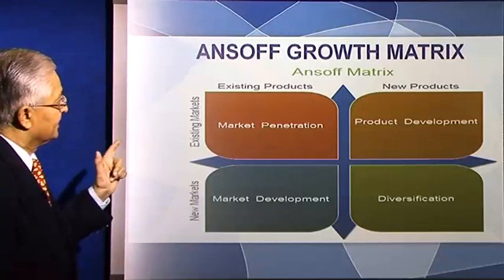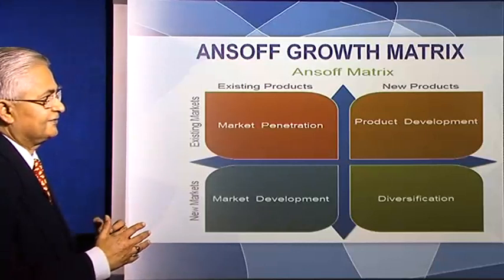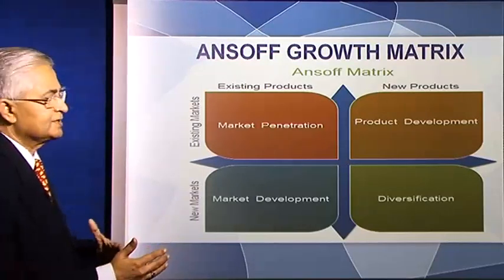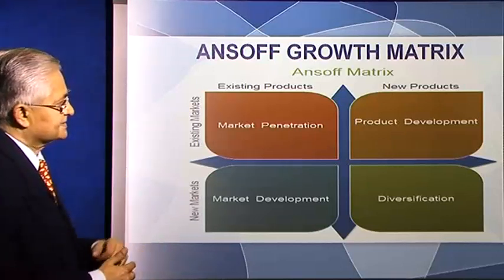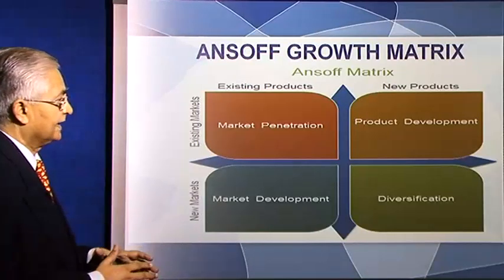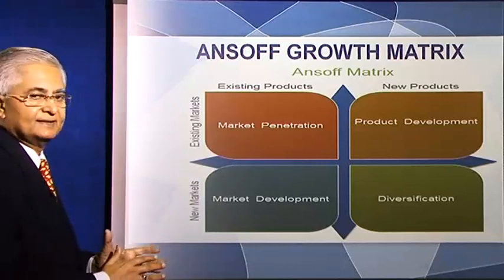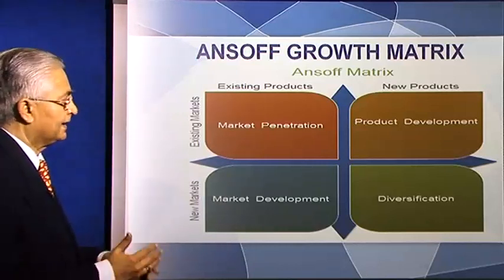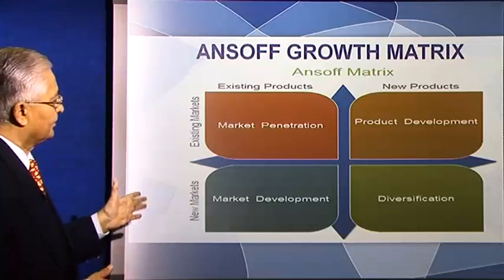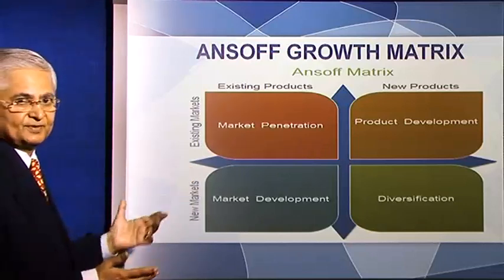If it's the existing market with new products, where you're trying to satisfy the needs of existing customers, but producing new products for them, that's product development. If you are looking at your present products, but you are looking at new needs that they can address, you're looking at new markets, then you're talking about market development. And when your product and market are both new, you're talking about diversification.